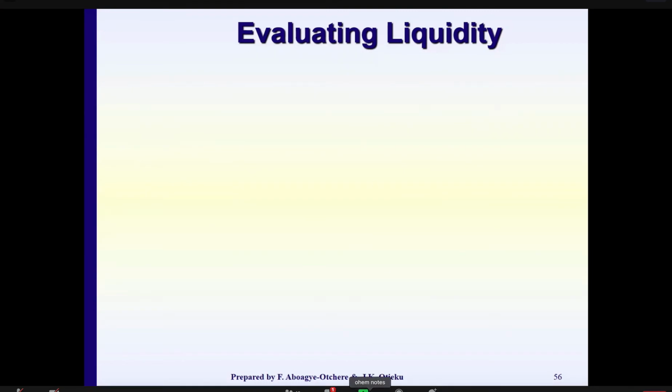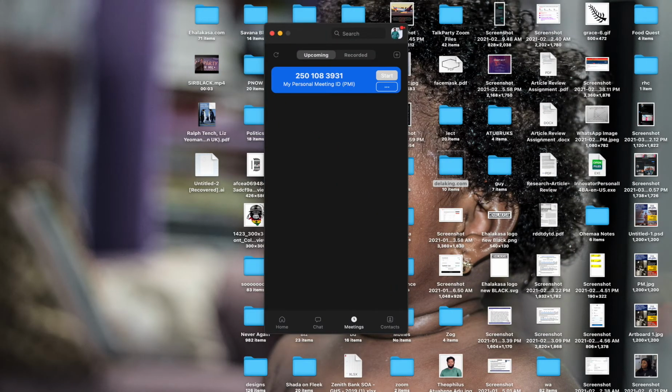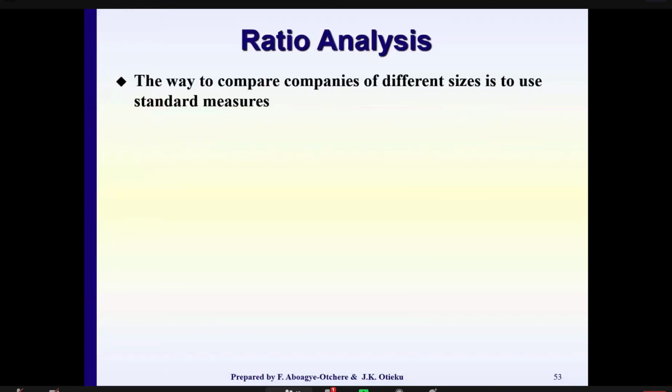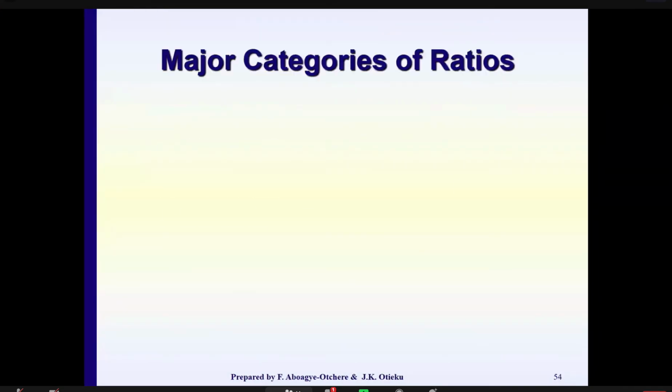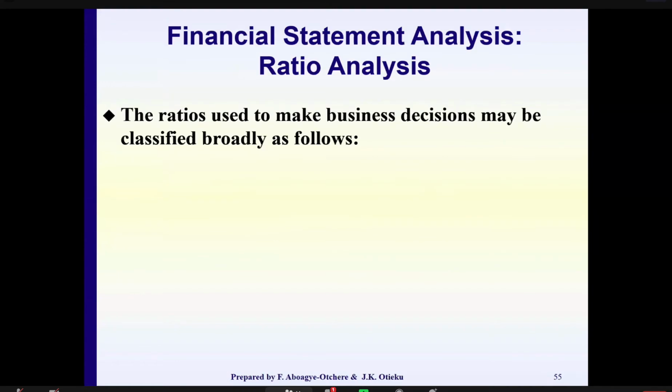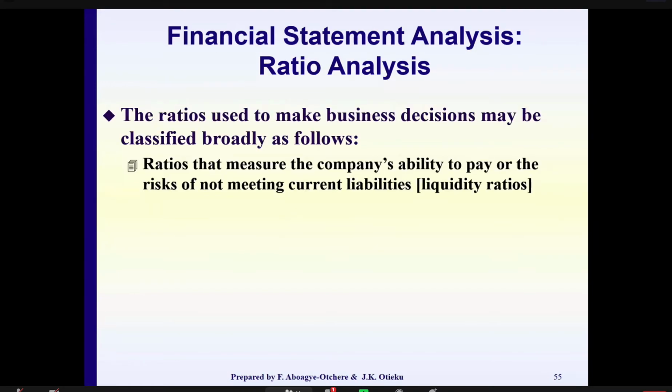Then we were discussing ratios, and we explained that basically we can have 5 types of ratios, and each of them will determine some specific aspect of an entity. So we mentioned that we can have those that can help us evaluate whether an entity is able to meet its maturing needs, which we refer to as liquidity.